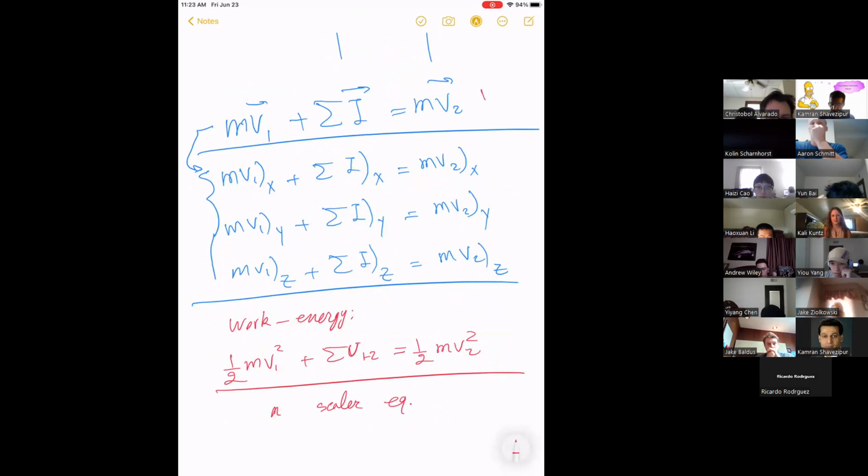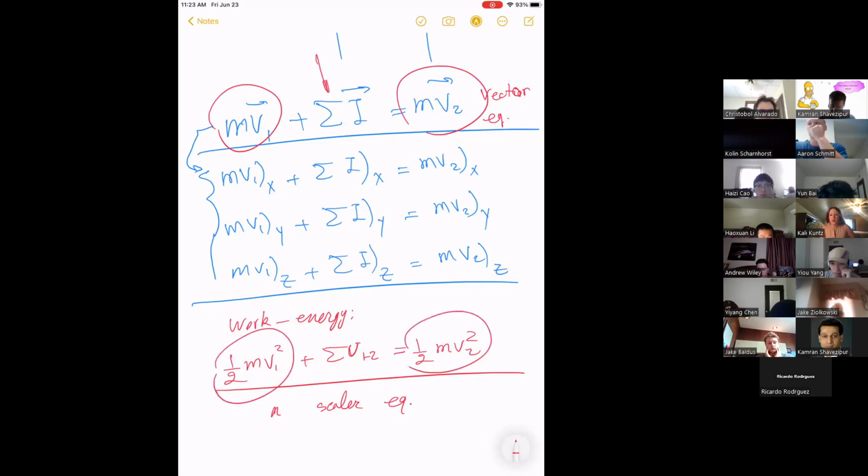This is a vector equation. I just want to emphasize the difference between the two. Conceptually, before and after because of an external influence, but one is a vector equation, one is scalar. Is the whole thing clear now?